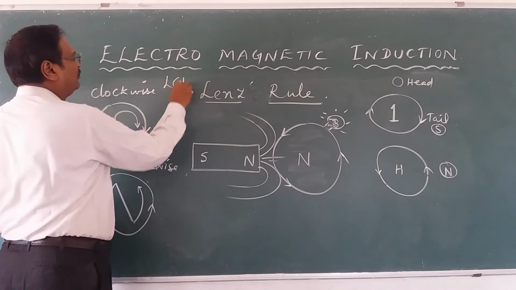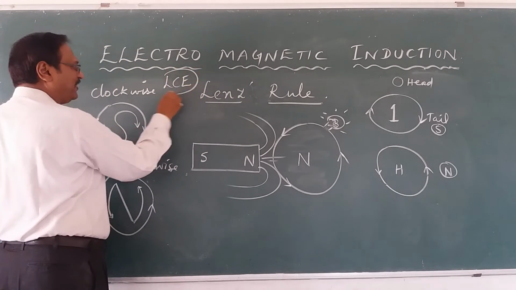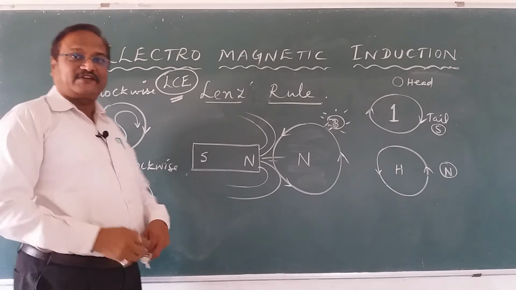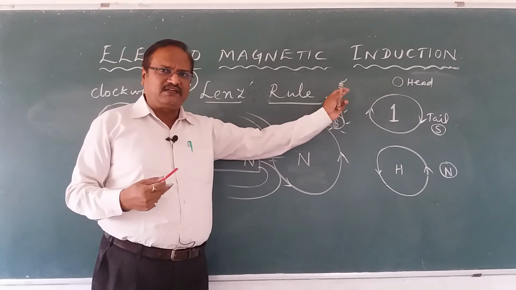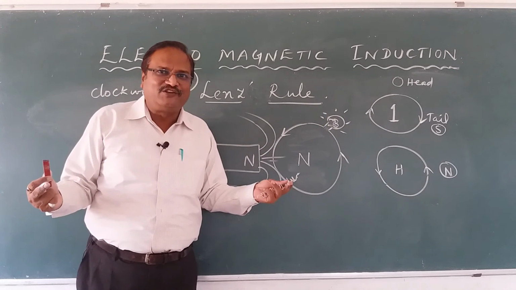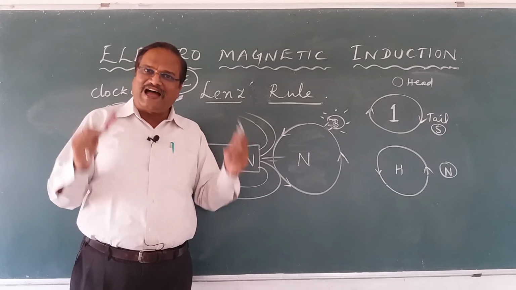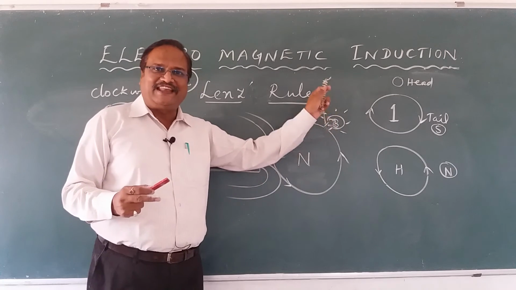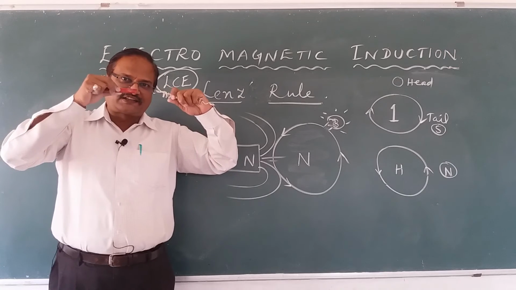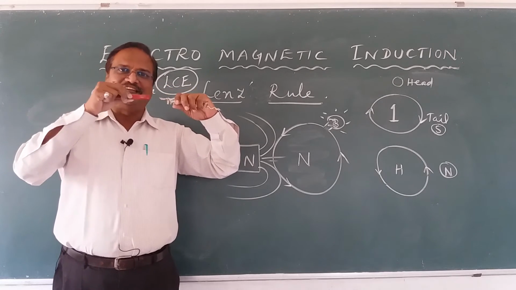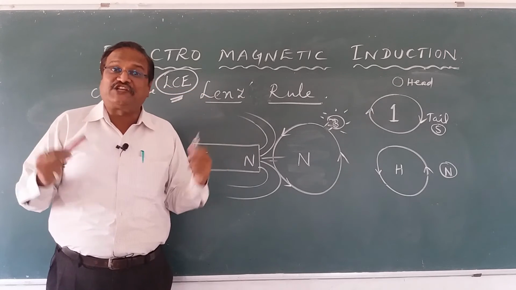The law of conservation of energy has to be obeyed. Am I getting electricity out of nothing? No. We are getting the electricity because I am doing the work. The work I am doing is the mechanical energy.